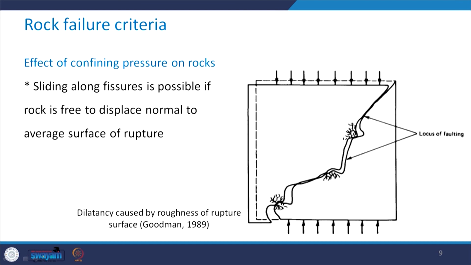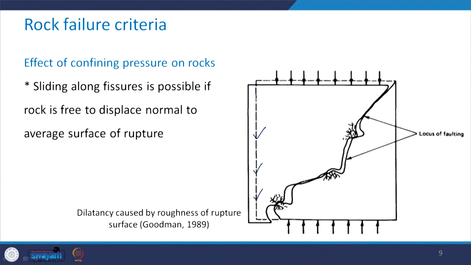This dotted line portion is the original version, and now when the load is applied, sliding along the fissure is possible only if the rock is free to displace normal to the average surface of rupture. This is the average surface of rupture. So, sliding will be possible only when this rock is free to displace normal to this plane.